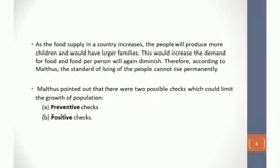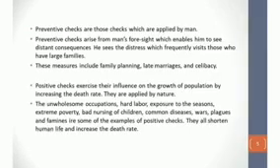Thus, preventive checks are those checks which are applied by man. They arise from man's foresight, which enables him to see distant consequences. He sees the distress which frequently visits those who have large families. These measures include family planning, late marriages, and celibacy.